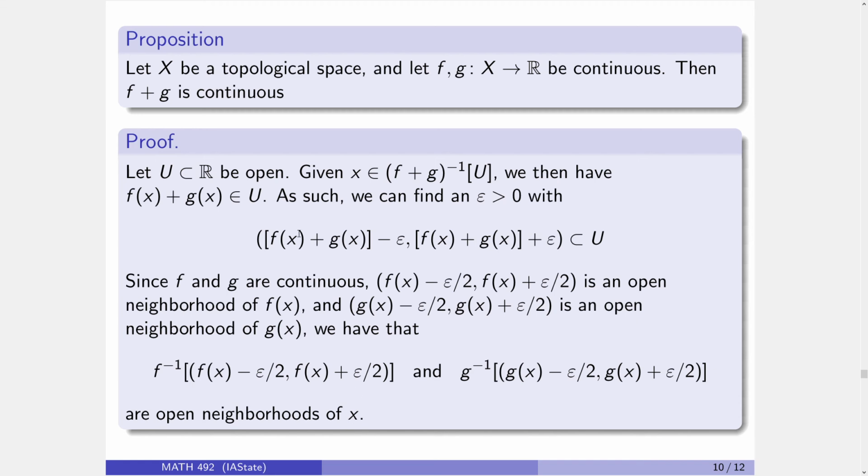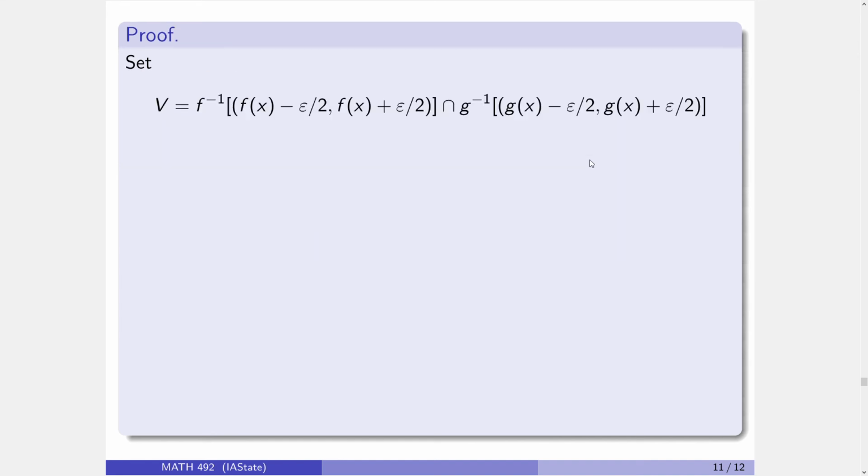Note, while x is not in the reals, I am still doing an epsilon-delta argument. Given an epsilon, these things are now taking the place of my delta. Hopefully, as you'll see, it makes the proof a little bit easier. I need to find an open neighborhood that contains x and is a subset of this, which would guarantee that this is an open set, and so the inverse image is open.